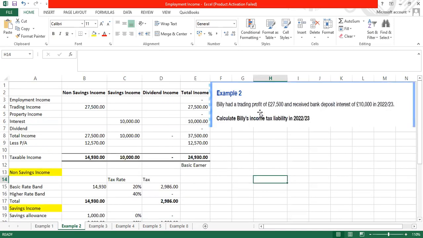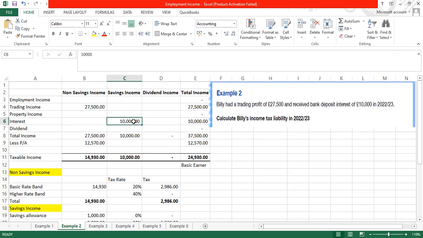Billy had a trading profit of 27,500. Remember, Billy here is self-employed now. She is not employed. She is self-employed and she has 10,000 pounds of interest from the bank. So we will fill these columns here, trading income and savings income.